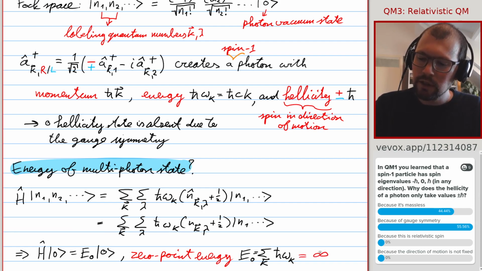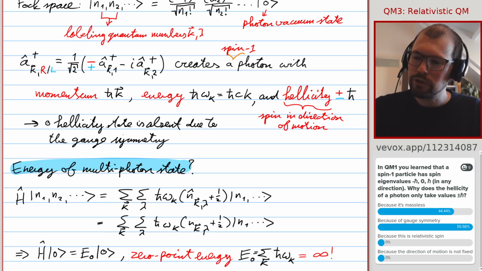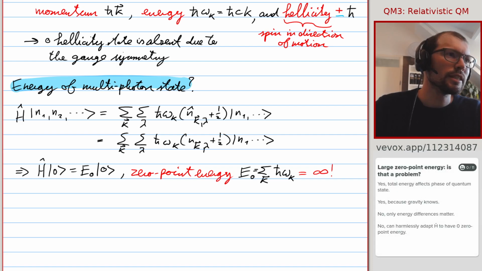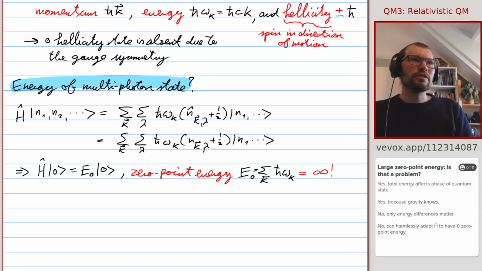So even without any photons in the system, I still get this infinite energy. So we should figure out what to make of this. Is this a failure, or can we still continue? So let's start with another poll. So we have this very, very large or even infinite 0-point energy.